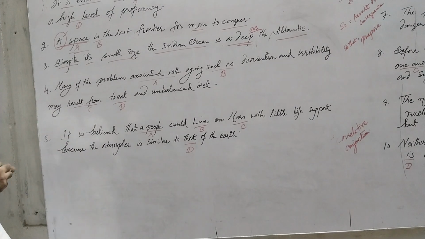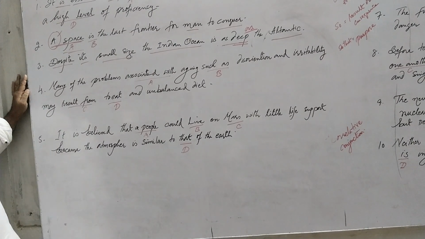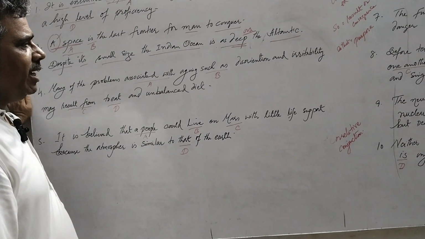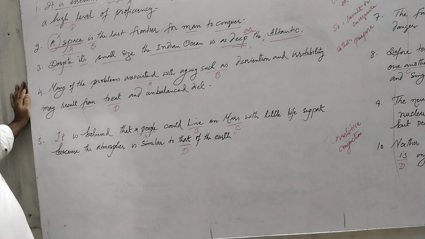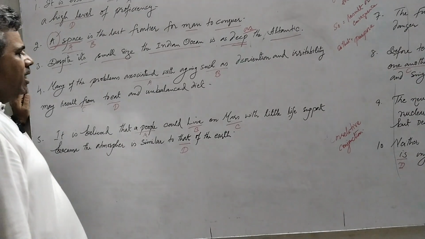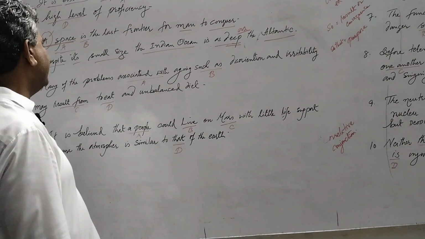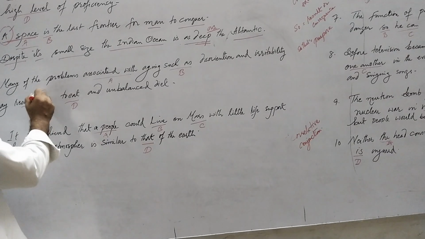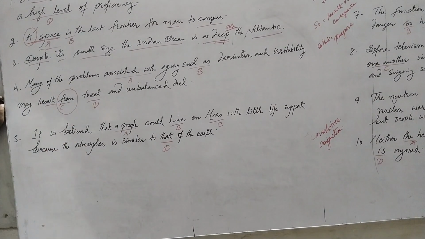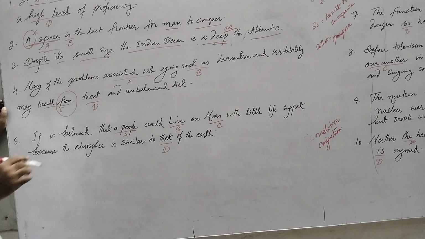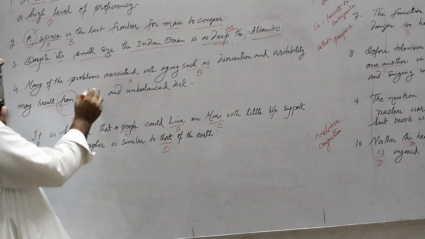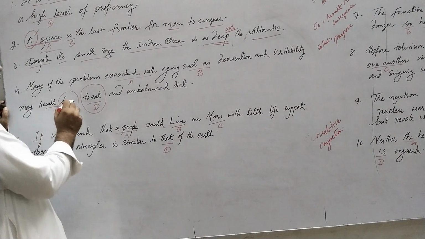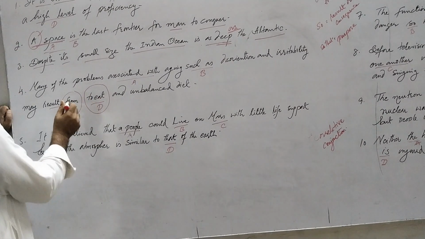Now we come to the fourth sentence. Many of the problems associated with aging, such as disorientation and irritability, may result from to eat unbalanced diets. So when we look here, we have a word from here, and from is a preposition, and we know it well that after a preposition, when there is any verb form, we have to keep it in ing form.